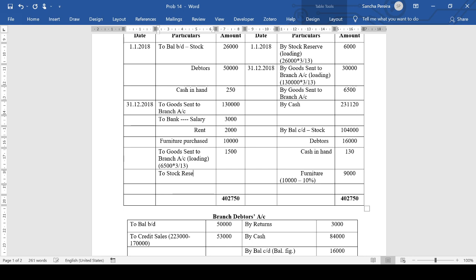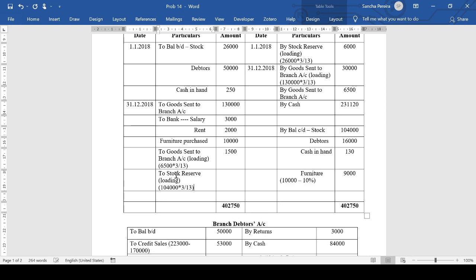To stock reserve, loading, 1,04,000 into 3 by 13. That comes to 24,000. And to profit and loss account will be 1,56,000.